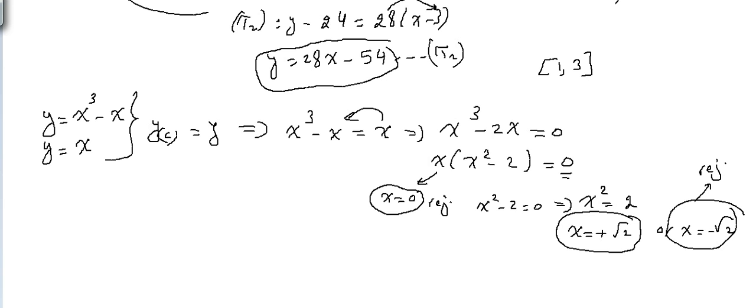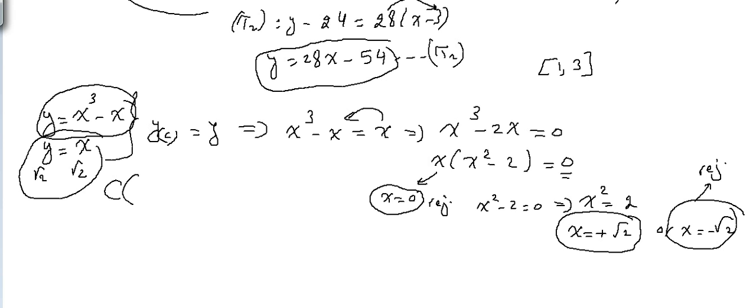Remember, if x equals radical 2, this means y equals radical 2. By substituting it here, it's easier than substituting it in the first function. So the point C, let's say, has abscissa radical 2 and ordinate radical 2. It is the point of intersection between the curve and the straight line y equals x.